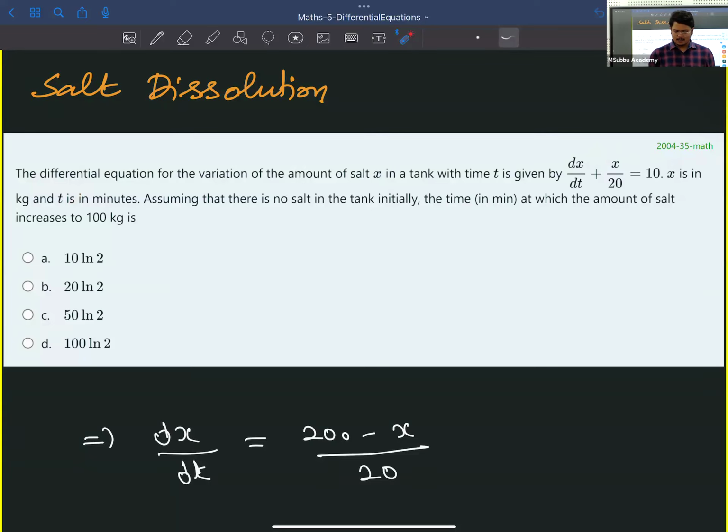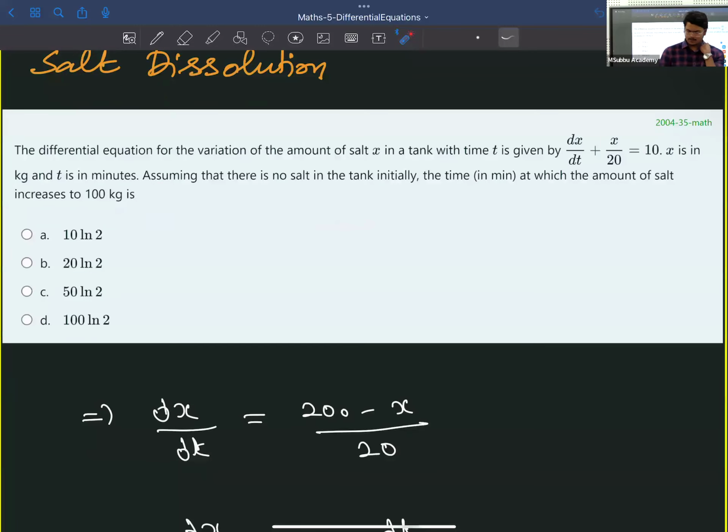Assuming no salt initially in the tank, so there are 0 kilograms of salt, the question asks for the time in minutes at which the amount of salt increases to 100 kgs. So when it increases from 0 to 100 kg of salt, what is the time consumed?